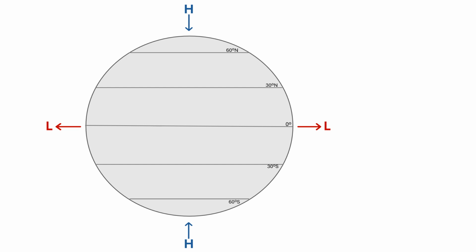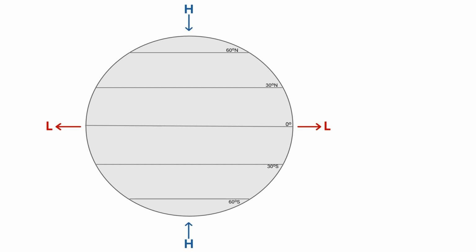Starting up, we have our basic image of the Earth here. We know that due to the differential heating of the Earth's surface, at 0 degrees latitude, our equator, we are getting the majority of incoming solar radiation. This is where the surface of the planet is being heated the most.